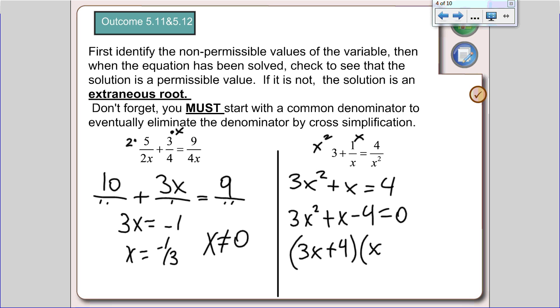If you just diamond method, that's what you get. So what is x? X is equal to negative 4 over 3 and 1. What are your non-permissible values? X cannot equal 0. So all of our solutions are good.